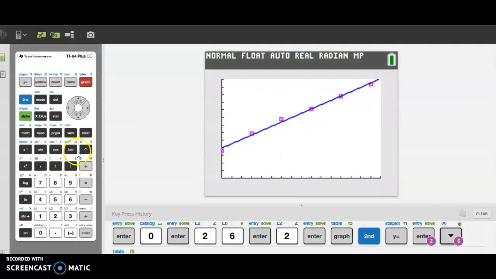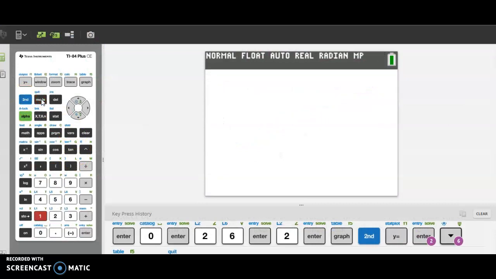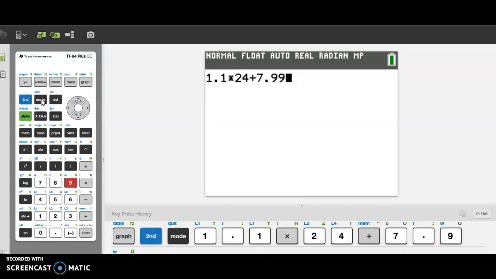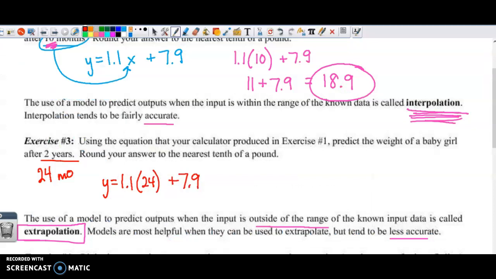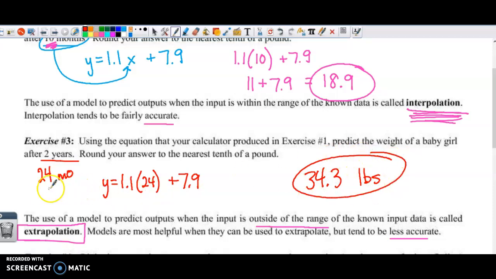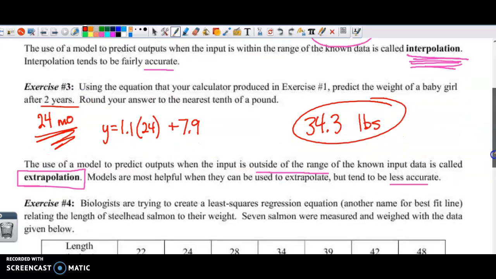It would be 1.1 times 24 plus 7.9. So a 2-year-old girl, maybe she does, or maybe that's a bad estimate, but would weigh 34.3 pounds. But that's called extrapolation because 24 months was outside of the 0 to 15 month range.